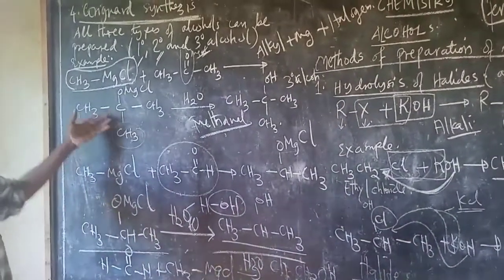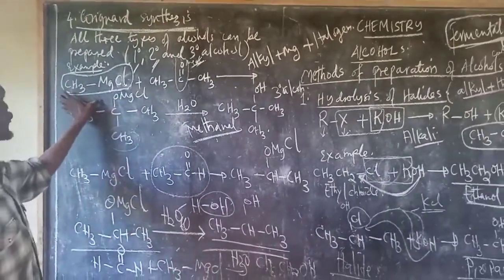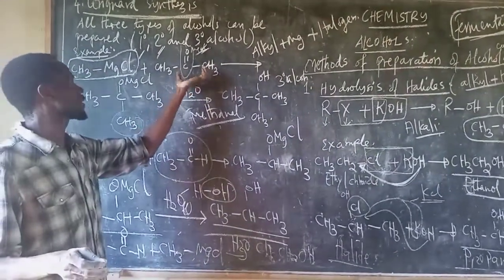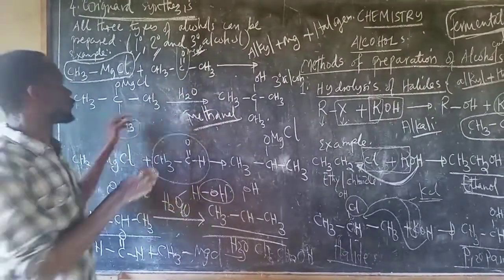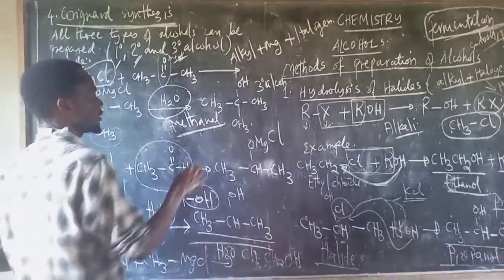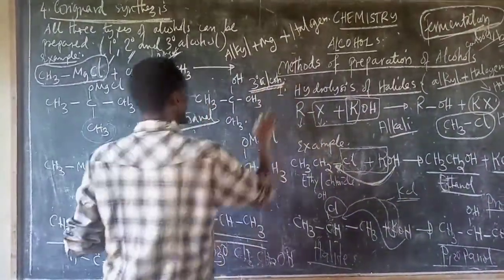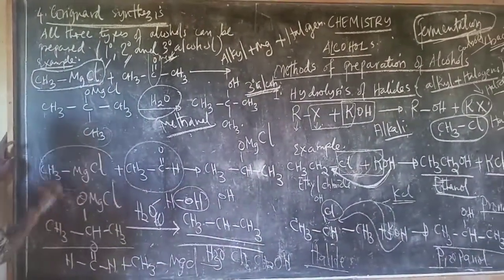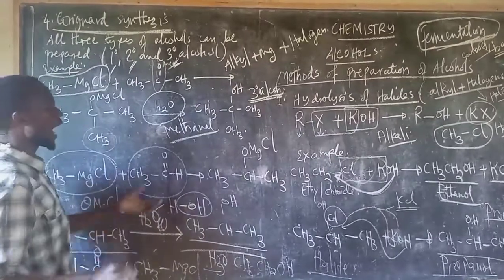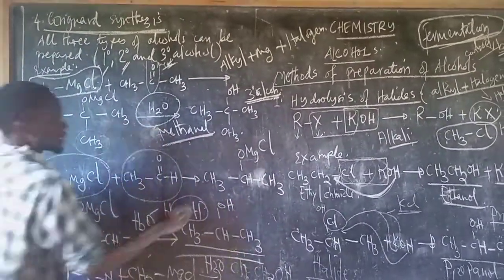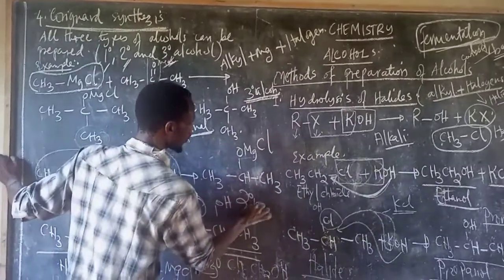Once you react Grignard reagents with ketones, followed by hydration, we form what we call a tertiary alcohol, that is third degree. But once the Grignard reagent reacts with an aldehyde, apart from methanal or formaldehyde, the secondary alcohol is produced.